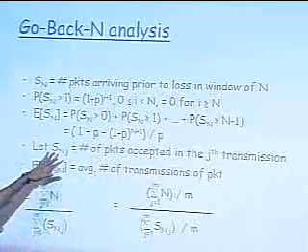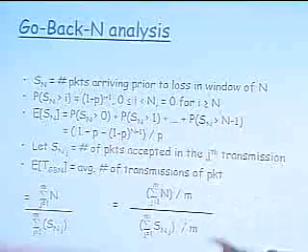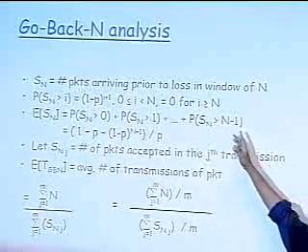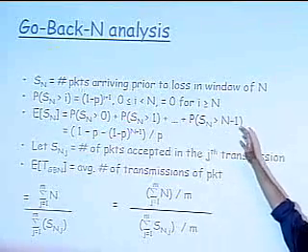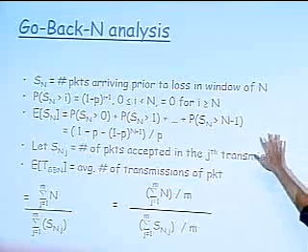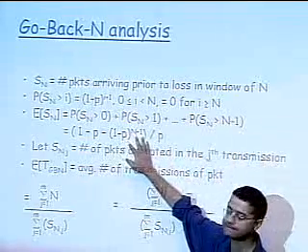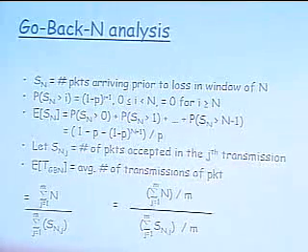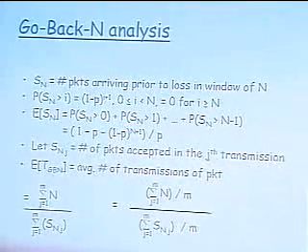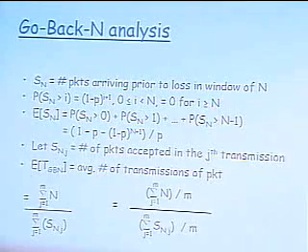Now this again is a geometric series, but it's a finite geometric series, because there are a finite number of terms. N is finite, and the sum of this finite geometric series is given by this quantity. So that gives you the number of packets arriving prior to a loss.